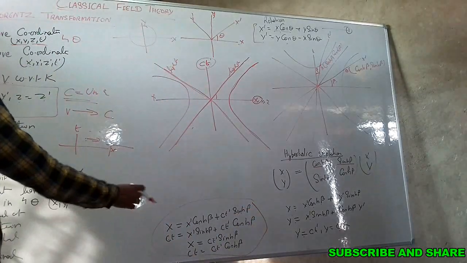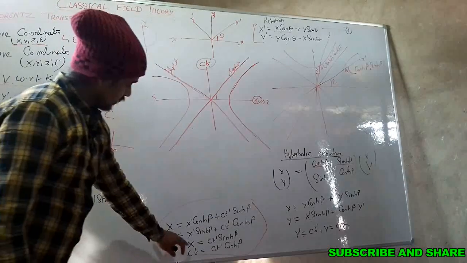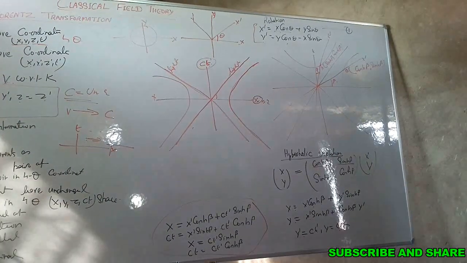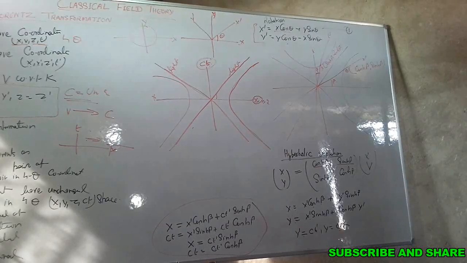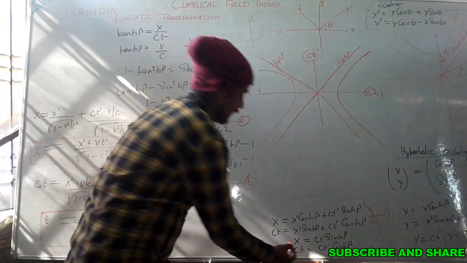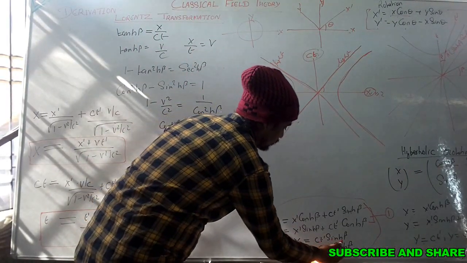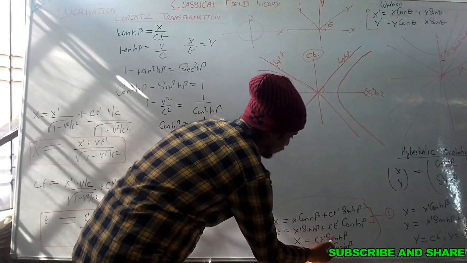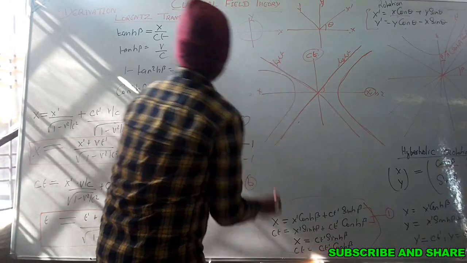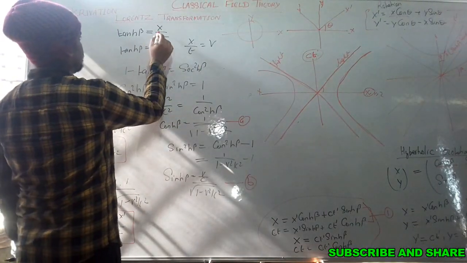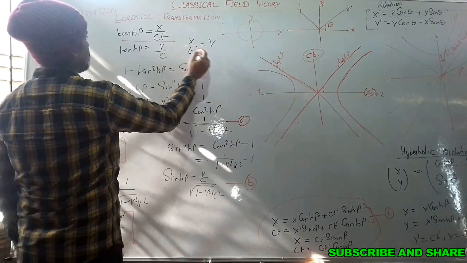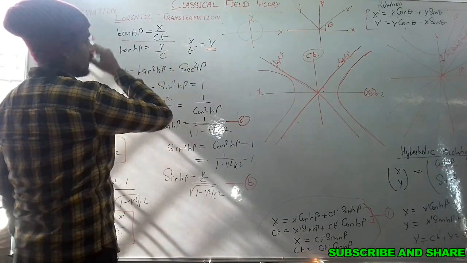Now we can use all these equations to find the correct transformation law. If we divide these two equations, we get tanh beta is equal to x divided by ct, and x by ct is nothing but the velocity of the reference frame K dash.